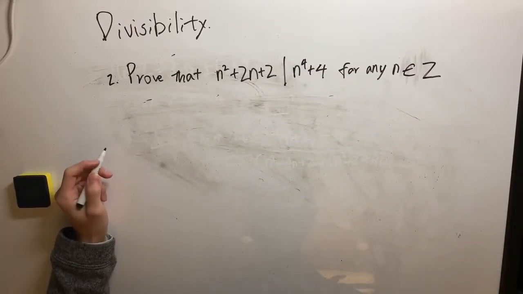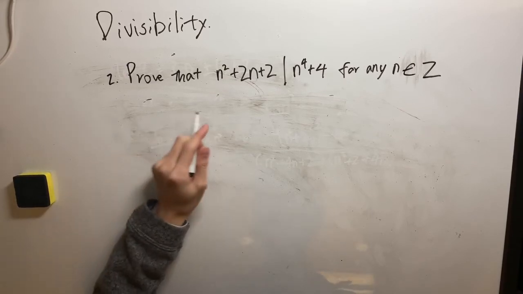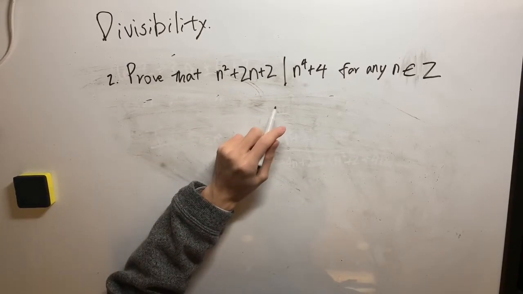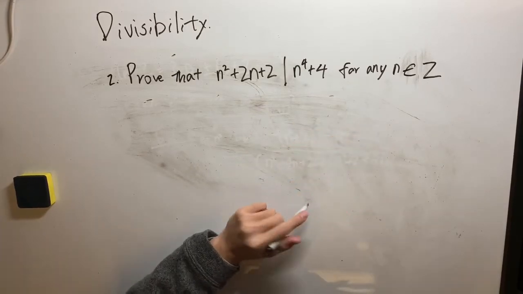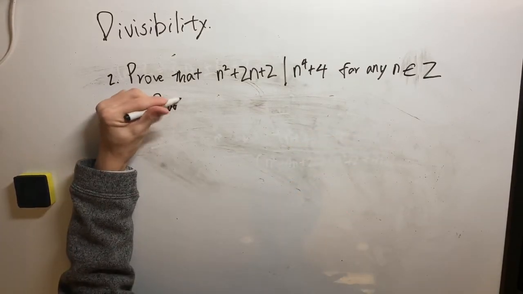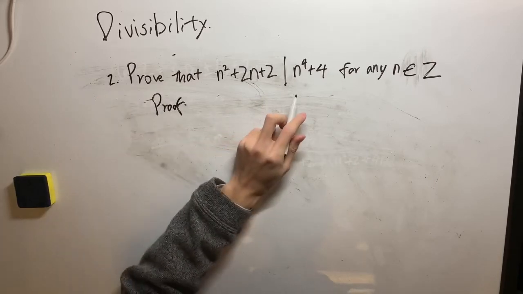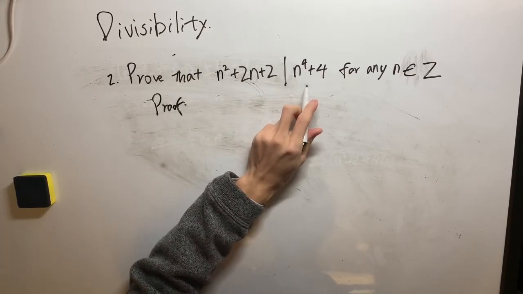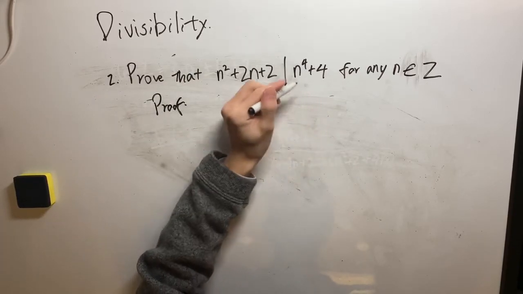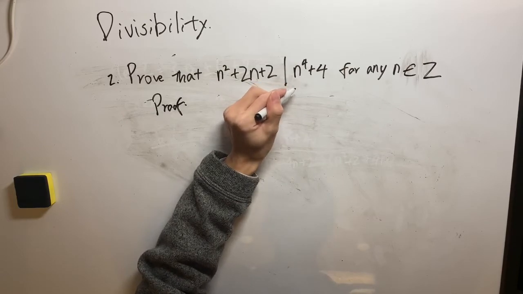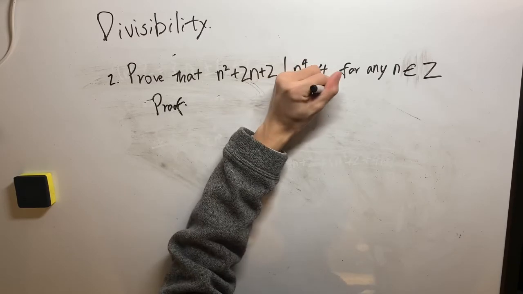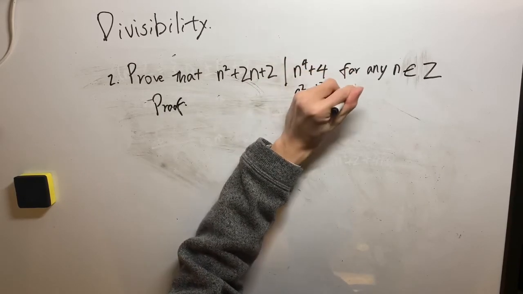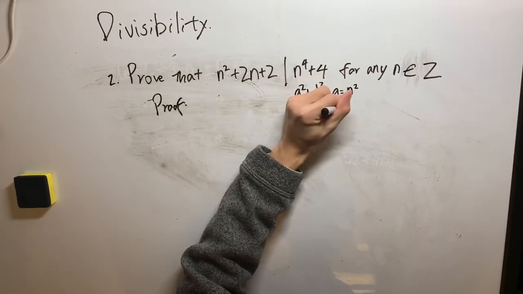Now let's look at the second question. Prove that n squared plus 2n plus 2 divides n to the fourth plus 4 for any integer n. Proof. First, you can simplify n to the fourth plus 4, as we can see that it's like a squared plus b squared, where a equals n squared and b equals 2.